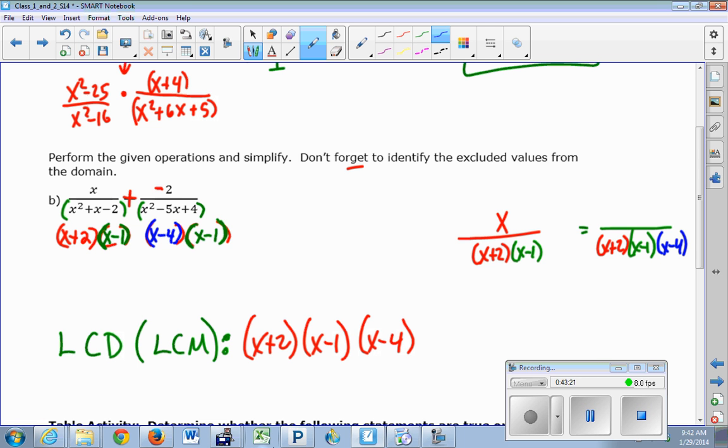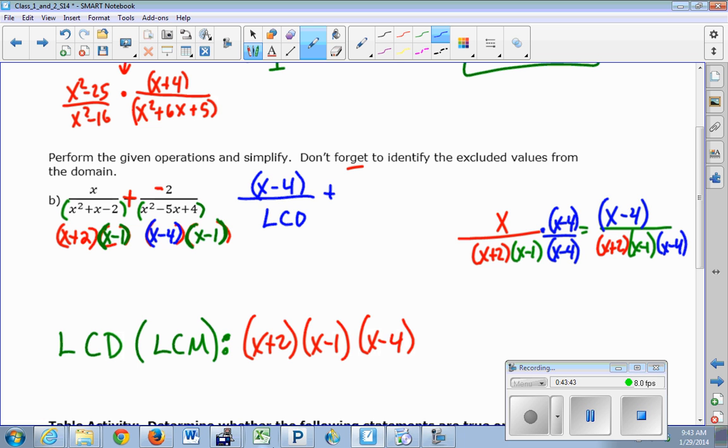So I'd have to multiply top and bottom only by 1, and the 1 has the form of x minus 4. So my first fraction can be changed to this fraction with that common denominator, x minus 4. And this is where I get a little lazy. I just put LCD, just like that.